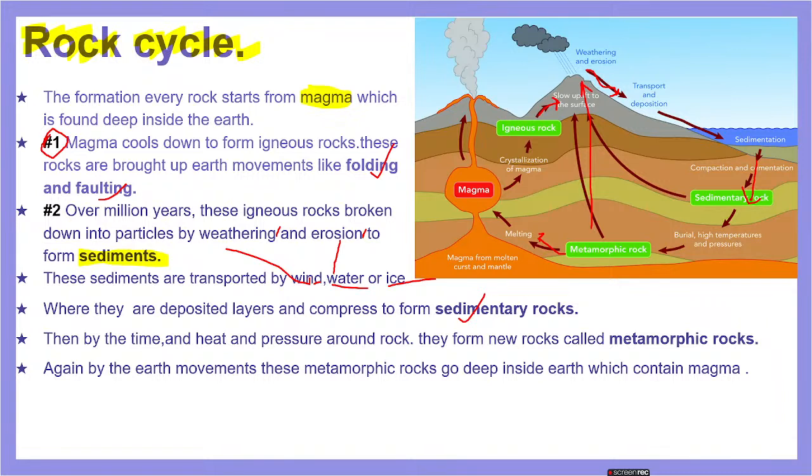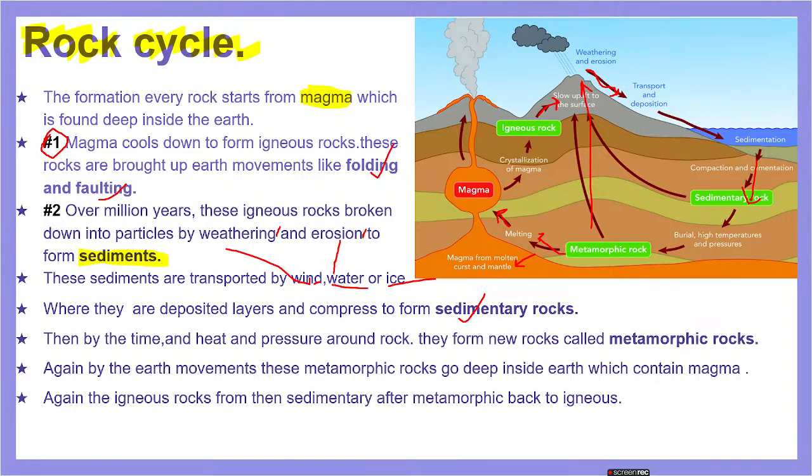You know how hot magma is, right? Magma is so hot in nature. That's why the metamorphic rocks melt in that to form the molten mantle. So it can either go to form magma or come onto the surface.